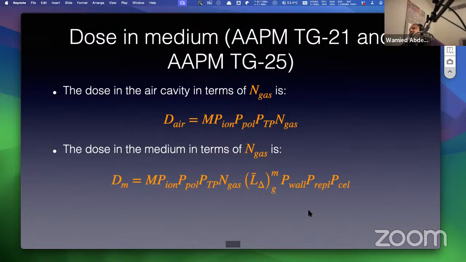And I think TRS-277, an older protocol, is also based on N-gas, with a different notation, I think they call it N_D,air. So although N-gas is a nice factor that could be applied with any radiation beam, the difficulty we usually face is determining all of these other factors for that chamber and beam.